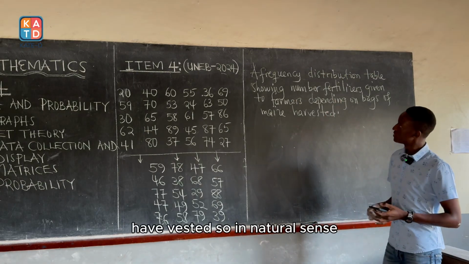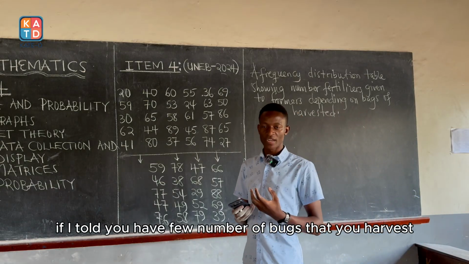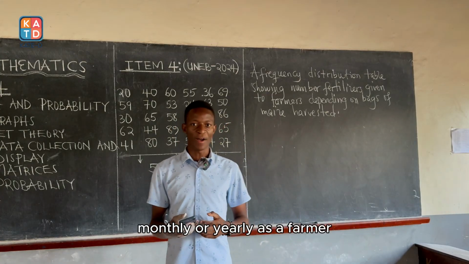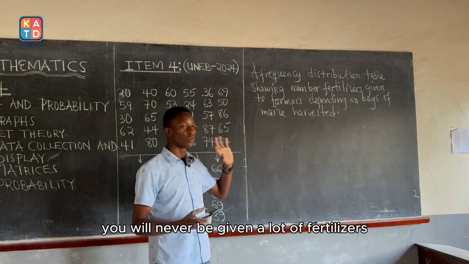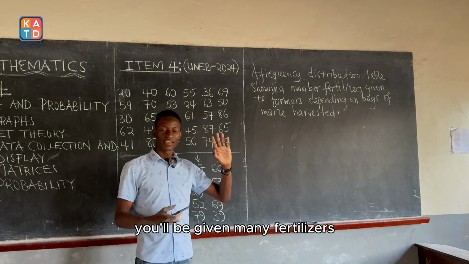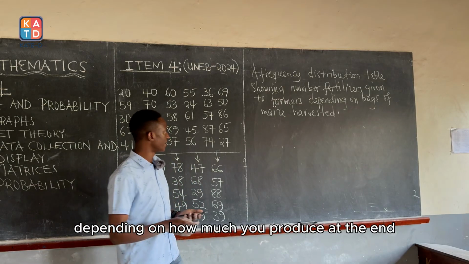In actual sense, if you have a small number of bags that you harvest monthly or yearly as a farmer, you will never be given a lot of fertilizers. You'll be given many fertilizers depending on how much you produce at the end.